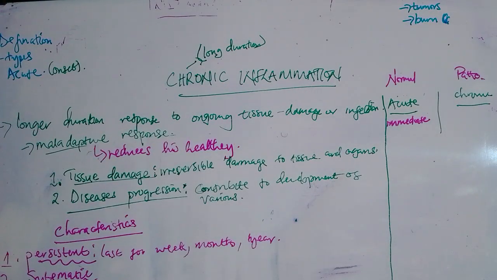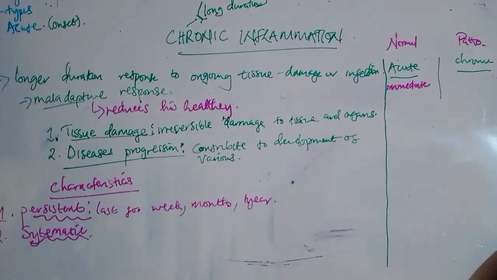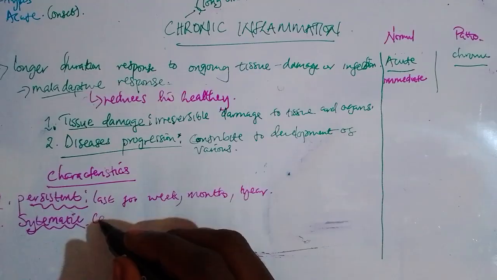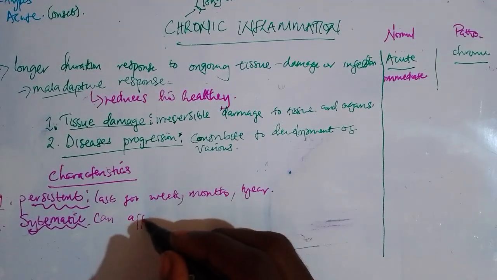We said acute is localized. It is only at the affected area. So these are some of the differences also. You can be noting them as you are studying. So what do we say? So systemic, it can affect multiple organs.